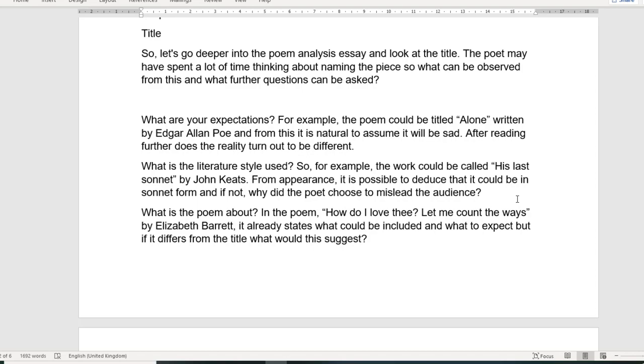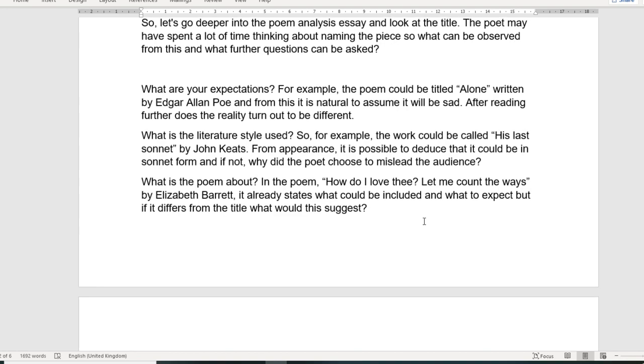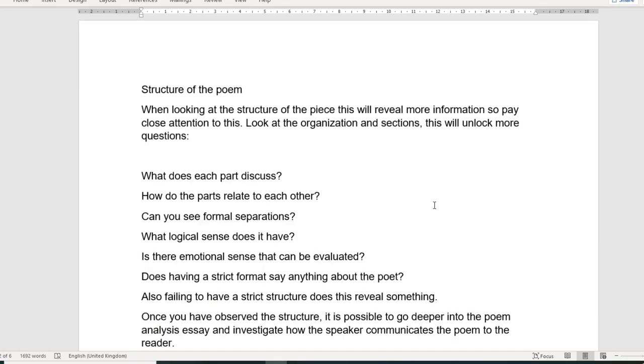This sets us up for our expectations, and it also leads us to assume the literary style. If they put sonnet in the title, we're going to assume it's going to be 14 lines. And if it changes, what is the necessity of that change? So if you're analyzing the title, look at these things. You could also look at what the poem is about and how the title enforces what the poem is going to be about.